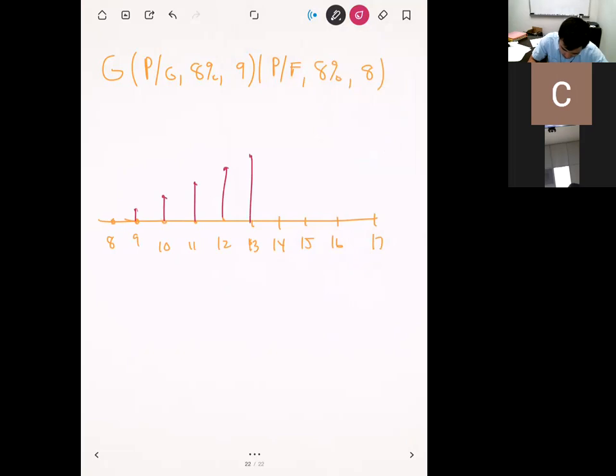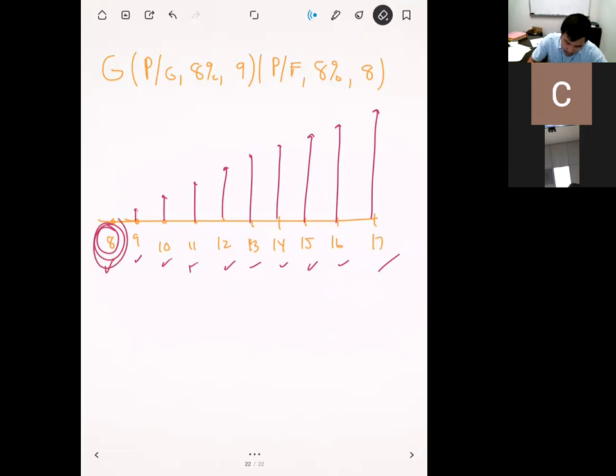But when you move it back to a P over G, you need to count this first blank year as well. When you convert this, you can see we have 1, 2, 3, 4, 5, 6, 7, 8, 9 years where it's actually increasing. But for a gradient, you have to count this year as well, so instead of 9 right here, this should be 10.